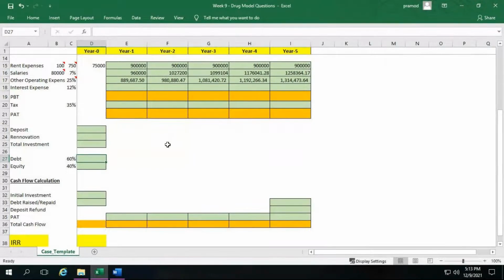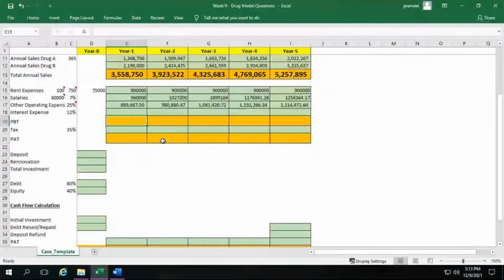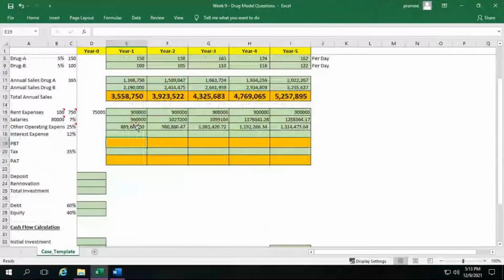So here, if you want to find the PAT, it should be total annual revenue minus the sum of your operating expenditures, meaning all the expenses.